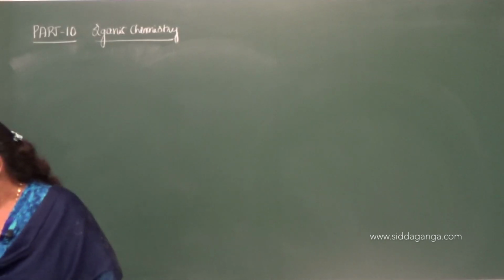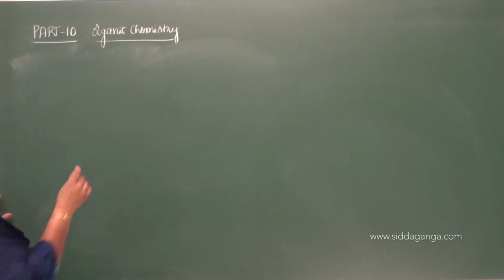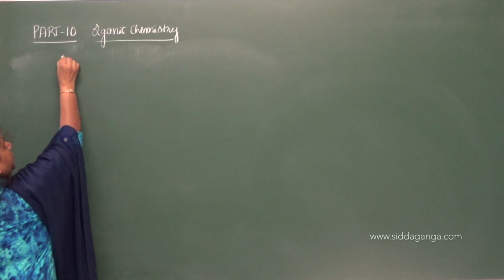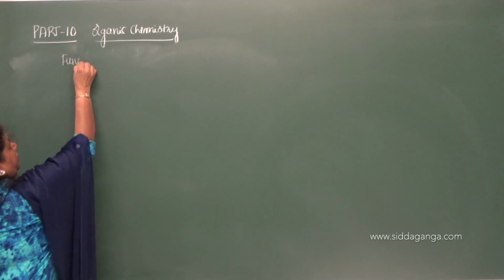In the first column you write down functional group.